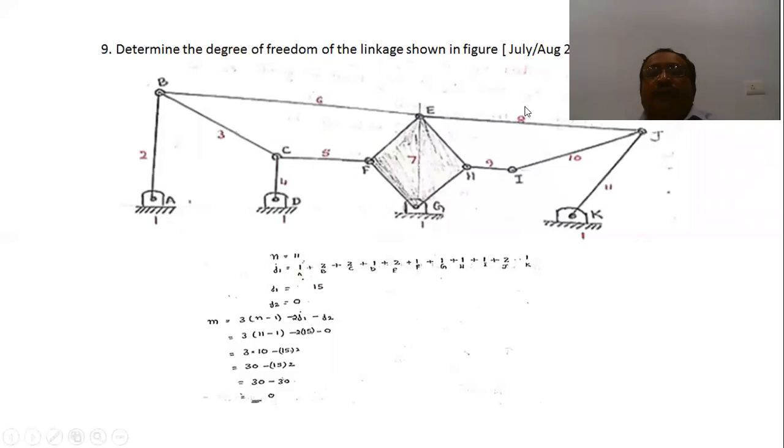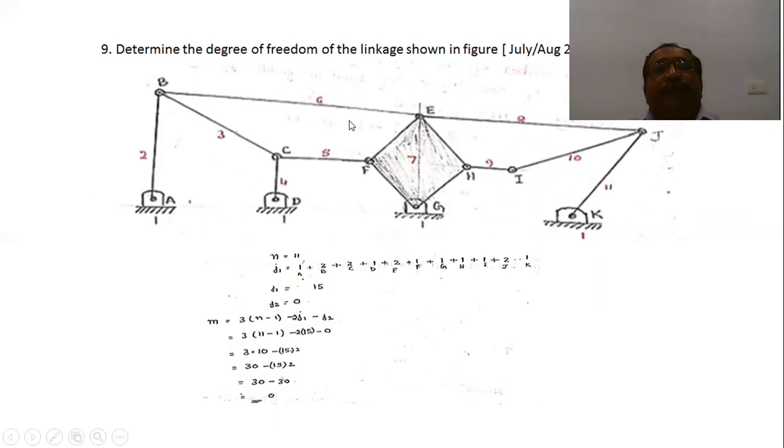And another problem is a combination of links. It was given in the July, August 2005 VTU question paper. I already told you, for the fixed link you give number 1. Then for AB you give number 2.